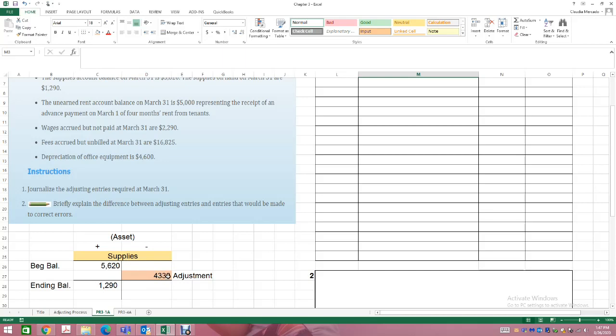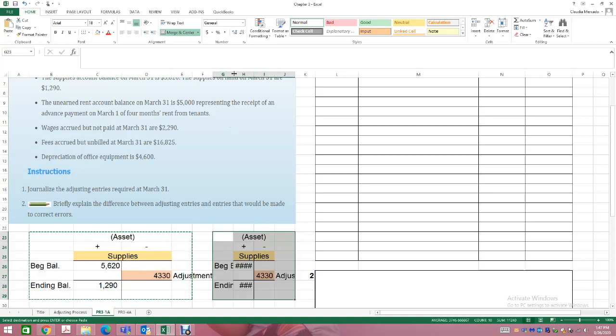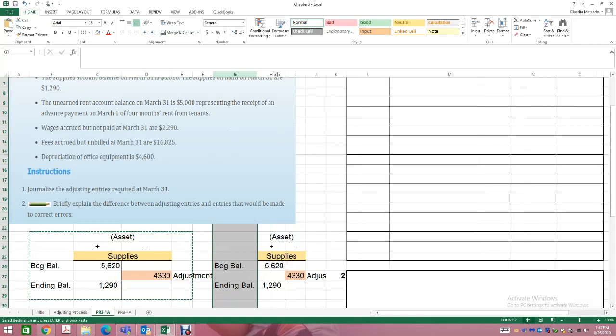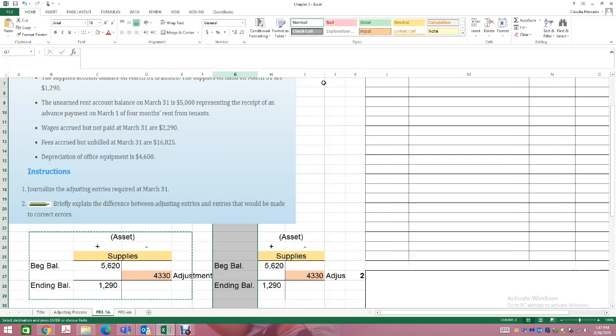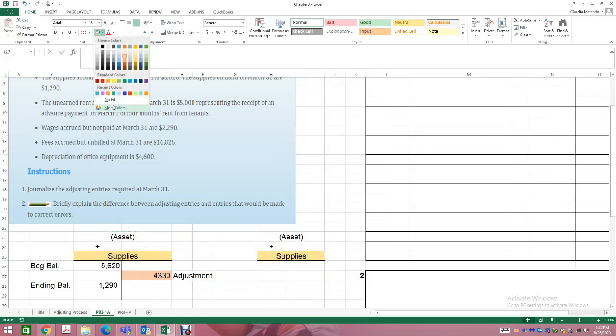The offset to it, let me see if I can copy and paste this. Now, my offset to this entry, we need to figure out where I am going to offset this transaction.